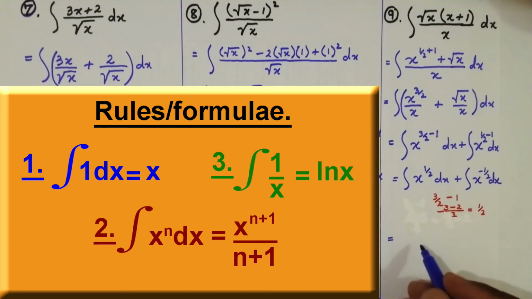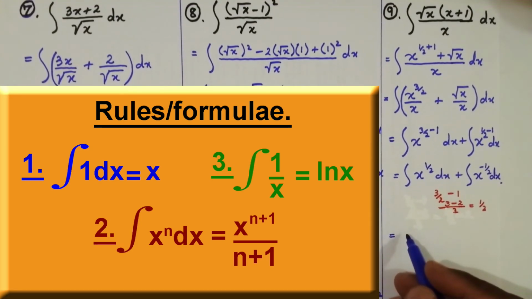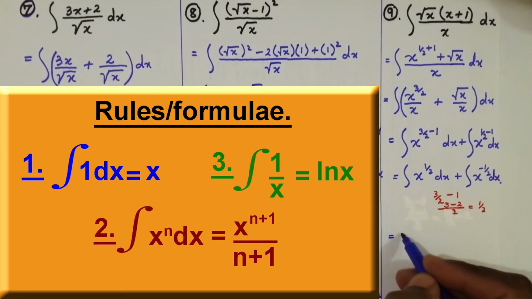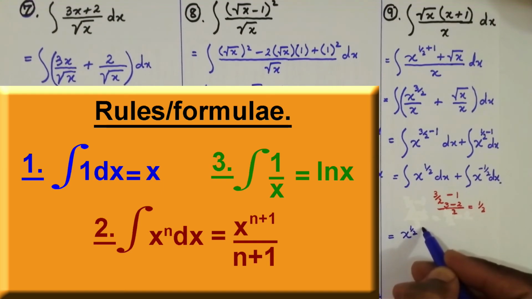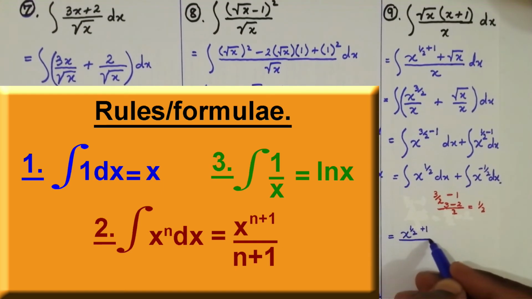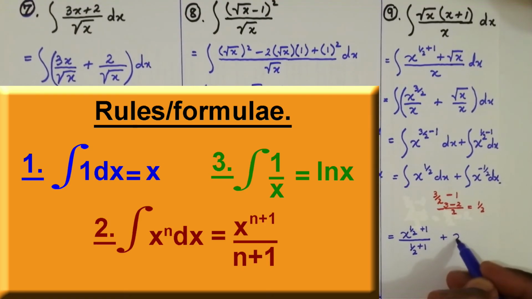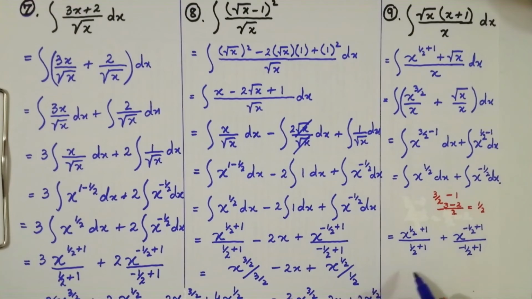Now you are going to take integration of these terms by adding 1 to each power and writing the power in its denominator. Same as here, you are going to add 1 to the given power and write the power in its denominator.